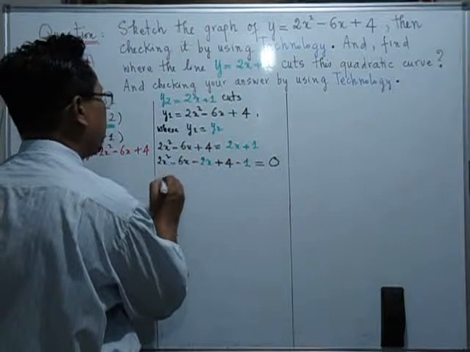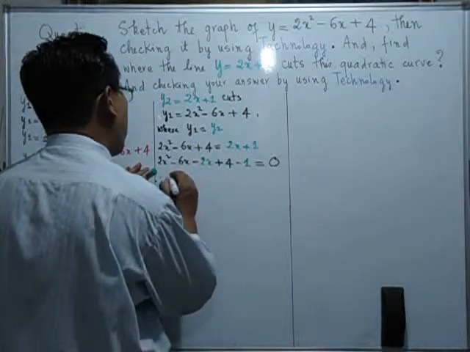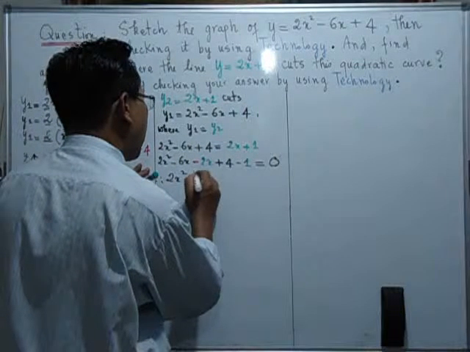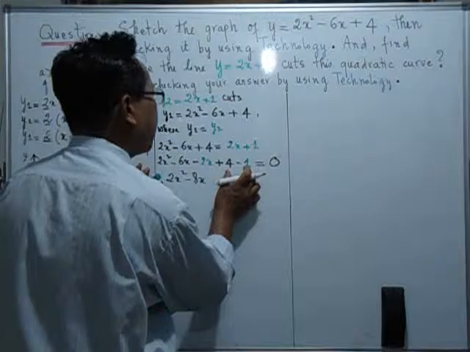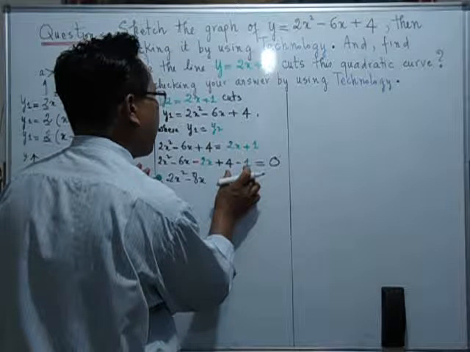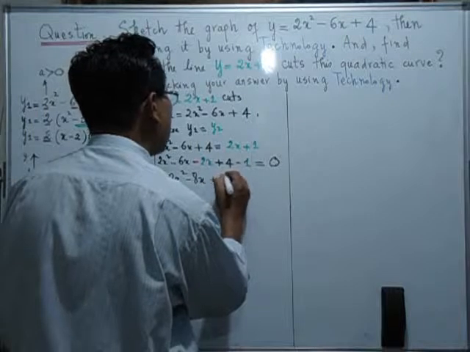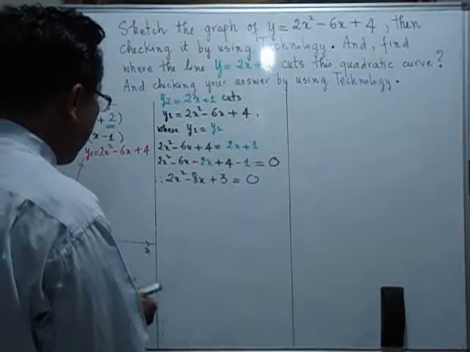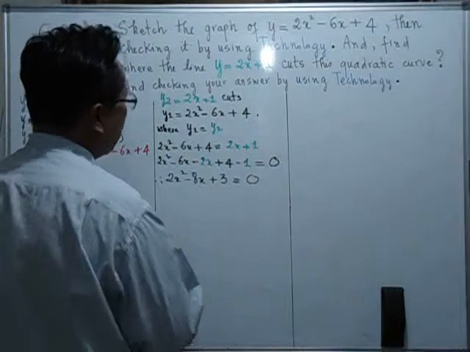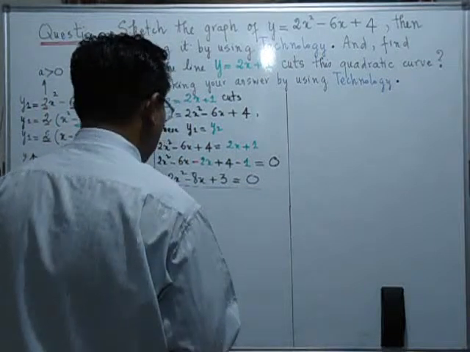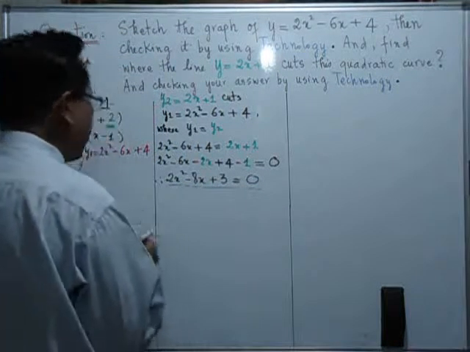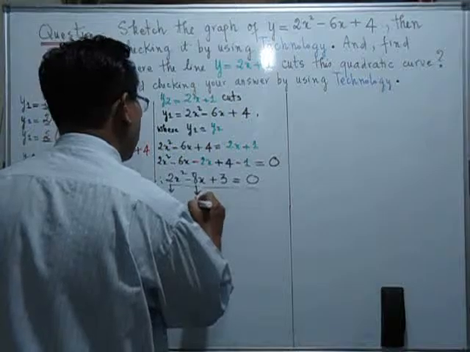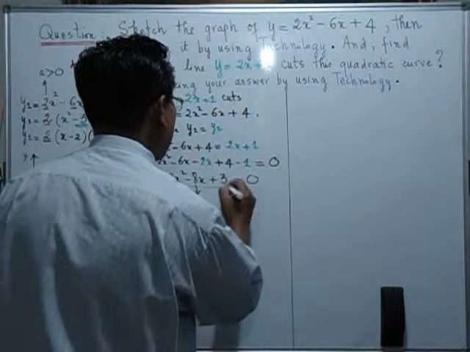So therefore we simplify this. We have 2x power 2 minus 8x, plus 3 equals 0. So now it gives us another quadratic equation, and we have a equals 2, b equals minus 8, c equals 3.